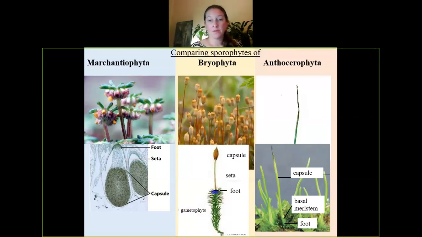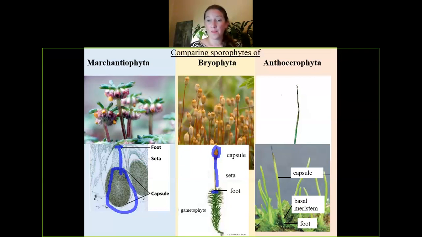True moss: foot, seta, capsule, growing upright, attached to the gametophyte plant. Liverwort, we're comparing sporophytes here: foot, shortened seta, capsule, hanging down like a bat from the arms of the archegoniophores, which are part of the gametophyte plant.